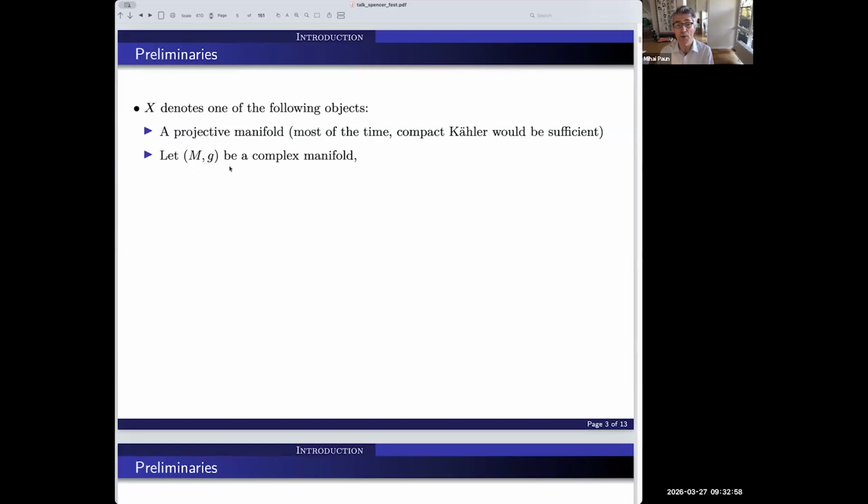We have a complex manifold M endowed with a metric g, and also a smooth exhaustion function psi defined on M, such that these objects have the following properties. g is a Kähler metric, right? And then the Hessian of psi, our exhaustion, dominates a small multiple of the metric.